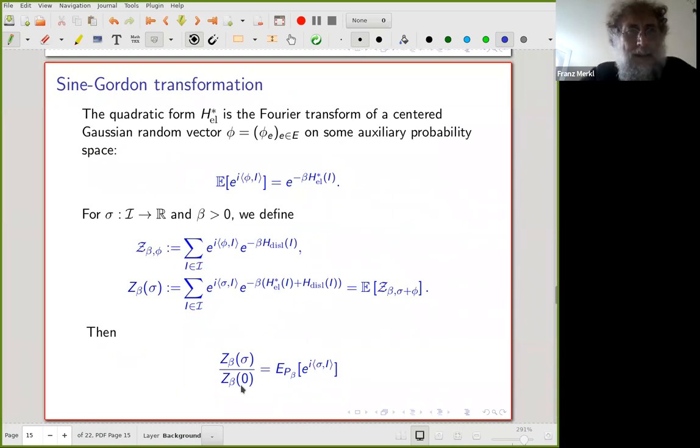Now, the second part, which I find a very interesting idea, which I learned from Fröhlich and Spencer, and we adapted it to our present situation. So, as I mentioned, the elastic energy is a quadratic form.